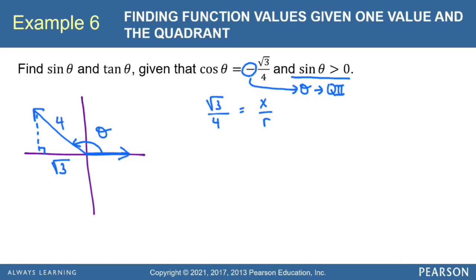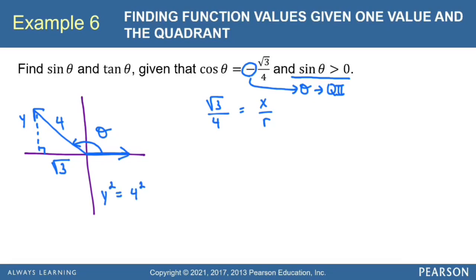And so what we have to do now in order to know the sine and the tangent of this angle is we need to find the length of the vertical side. So we're going to use the Pythagorean theorem, and I will write it down for you again, but remember, you're trying to get comfortable doing it mentally, so you're trying to get away from having to write it down every time. Okay, so we are looking for this leg y, so that means we're going to have to subtract squares.